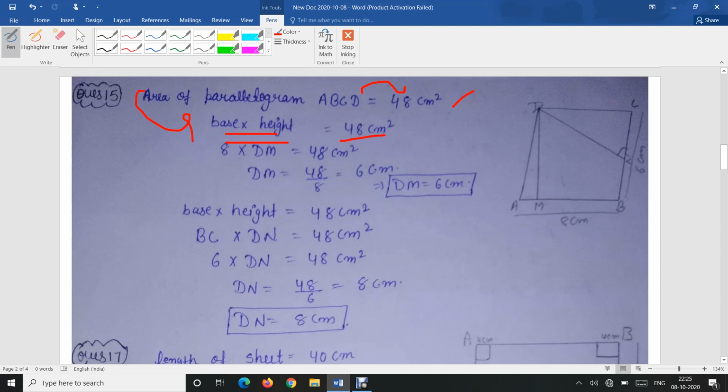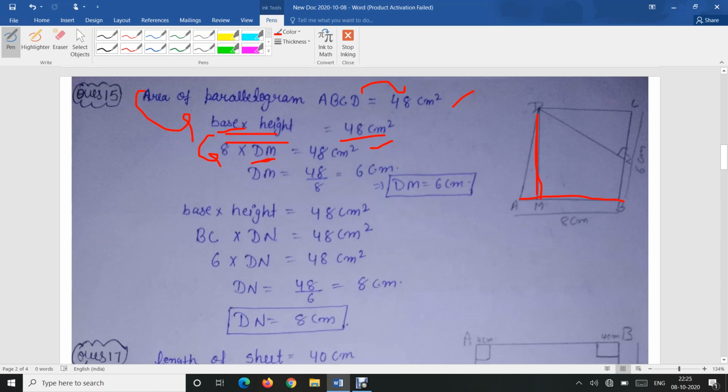Now you can see that this is the base and this is the height. If you are talking about this case, then you have to write base as 8 and DM as the height. It will be equal to 48 centimeter square.